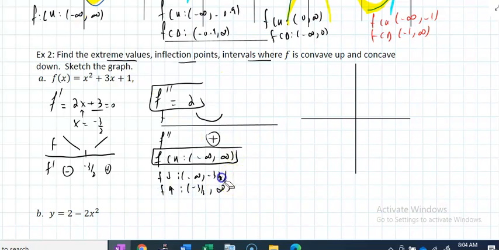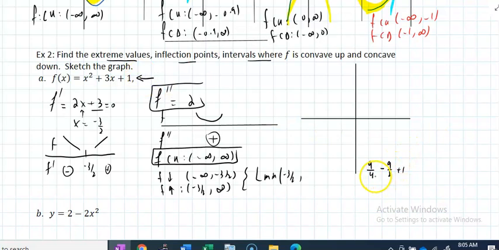Let me write this a bit. And we also know we have a local minimum at negative 3/2, and what is that? That will be 9 over 4 minus 9 over 2 plus 1. I'm substituting negative 3/2 in there.